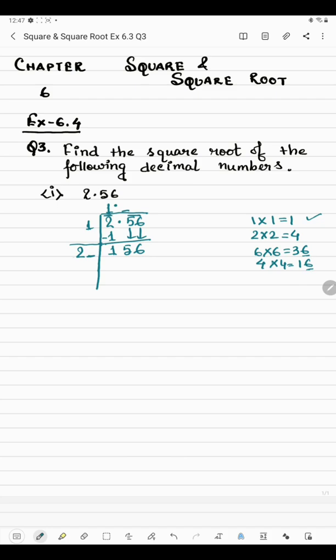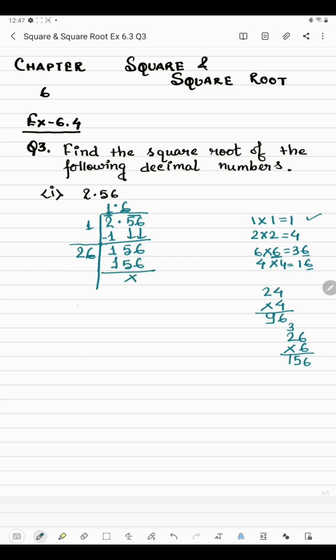At first we will take 4 here, beside 2, so 24 should be multiplied by 4. 4 4s are 16, 4 2s are 8, 8 plus 1 is 9, so we have got 96. So 96 we cannot take, so we'll take 6 here. Now 26 multiplied by 6, so 6 6s are 36, 3 carry, 6 2s are 12, 12 plus 3 is 15. So if we take 6 here, here also we will have to take 6 and then we will get 156.